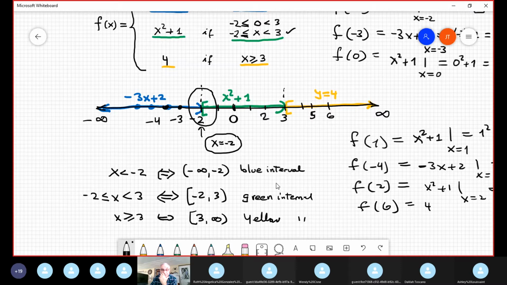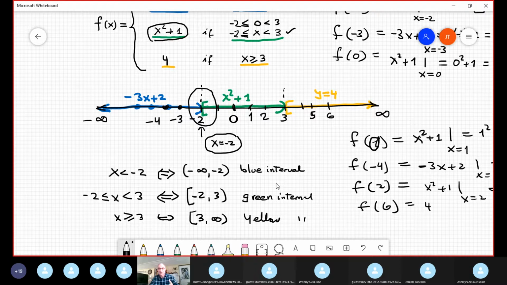Now, the complicated part is discovering in what interval lies the specific value that you want to evaluate. 1: I saw 1 lies here, so 1 lies in the green interval. Therefore, I select the expression that corresponds to this.